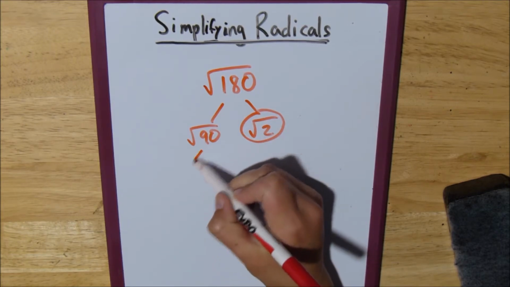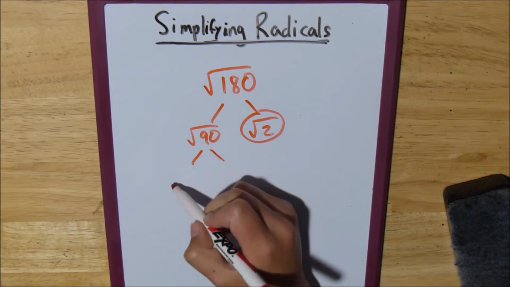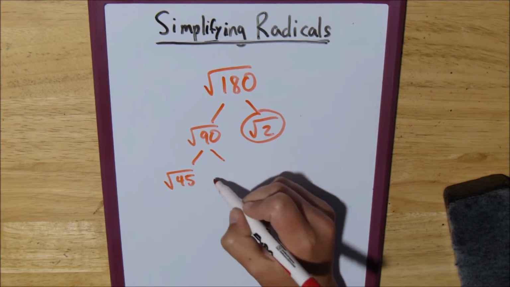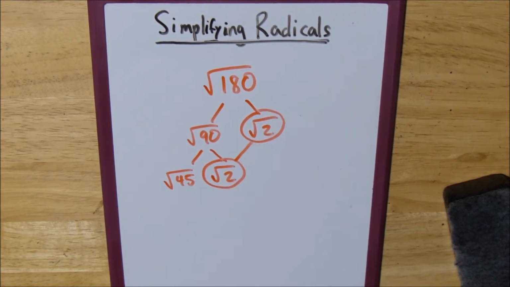Okay? Next, we move on to square root of 90. I know that square root of 90 is divisible by square root of 45 and square root of 2. Now notice we have made a pair, so we put a 2 outside of the square root. There's also going to be another number here, and I know that because 45 can also be broken up.